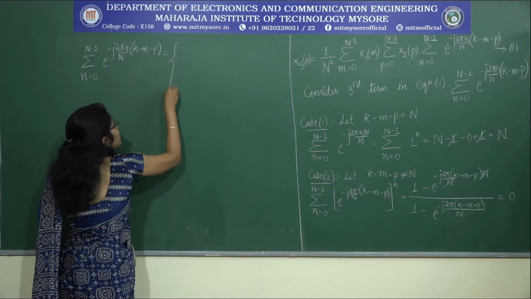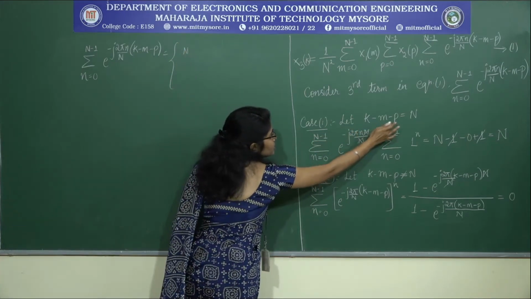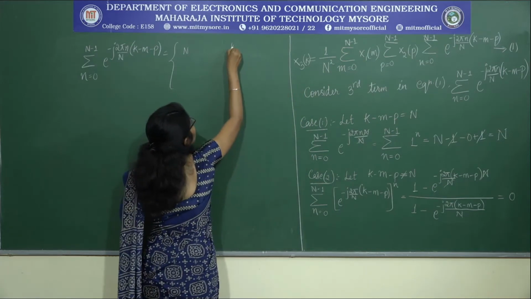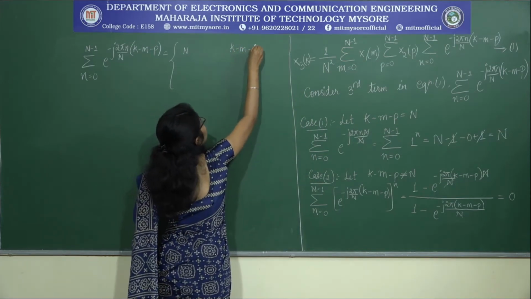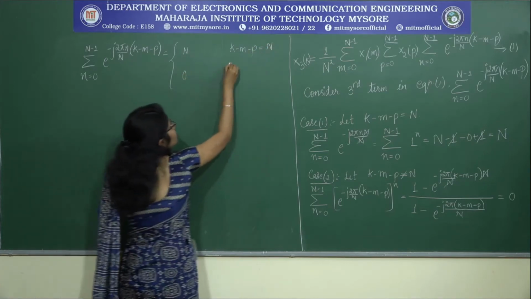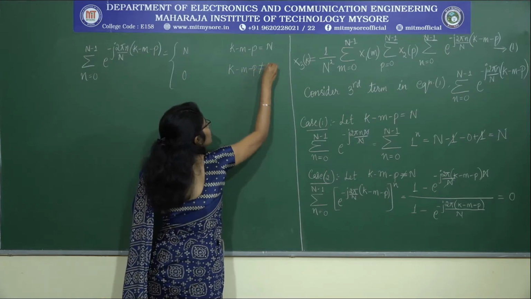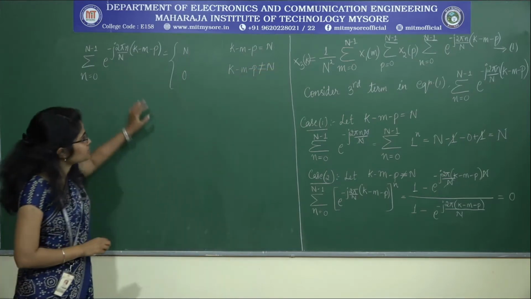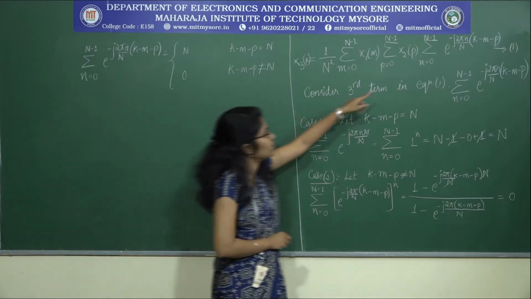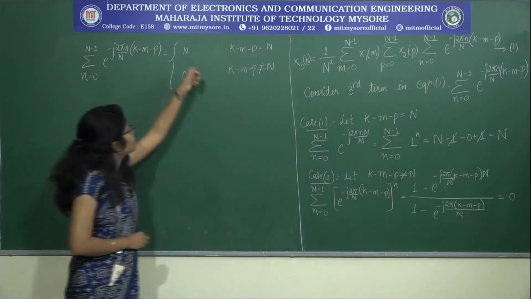This will be equal to N when k minus m minus p is equal to N, and it is equal to 0 when k minus m minus p is not equal to N. Now let us substitute the same thing in equation 1. So instead of this entire third term, I can rewrite it with N.